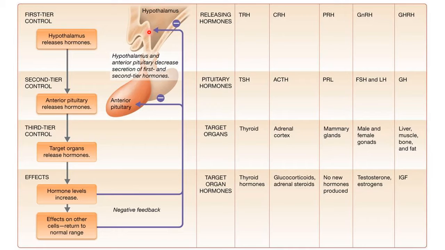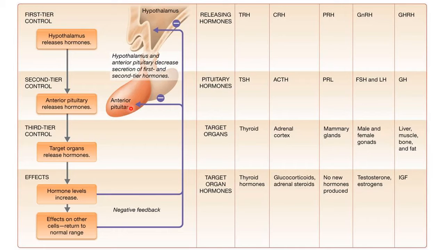Then you have GnRH from the hypothalamus controlling your sex hormones, testosterone and estrogen. So GnRH is released from the hypothalamus. It travels to the anterior pituitary. It causes the anterior pituitary to release two stimulating hormones, actually, FSH and LH.